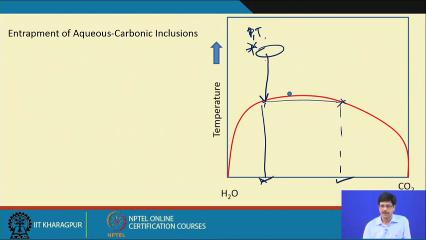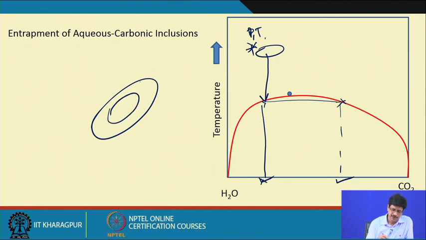So, this inclusion, which was encapsulated in the host mineral as a homogeneous aqueous carbonic fluid, on decrease in temperature will intersect the solvus, and as it intersects the solvus, it gets split up into two components, an aqueous liquid and a carbonic liquid, and it will be present exactly the way we are presenting: this will be an aqueous liquid and this will be the carbonic liquid.